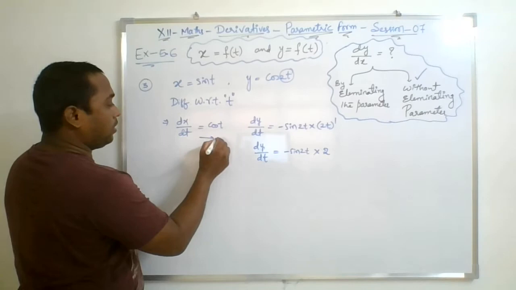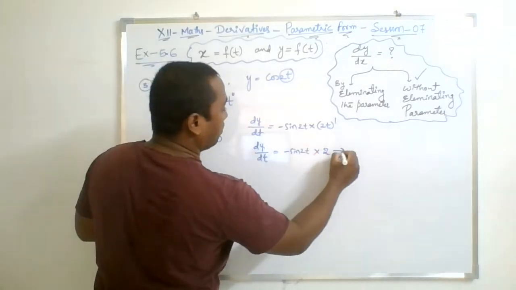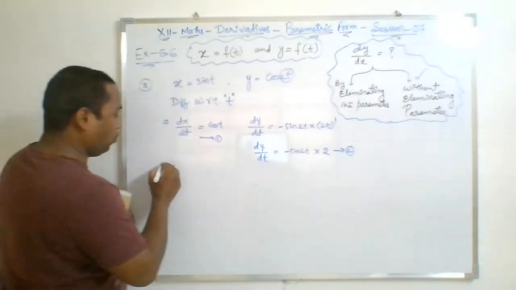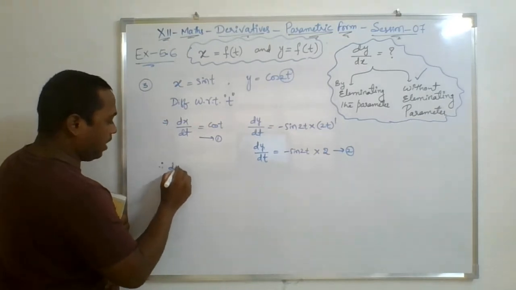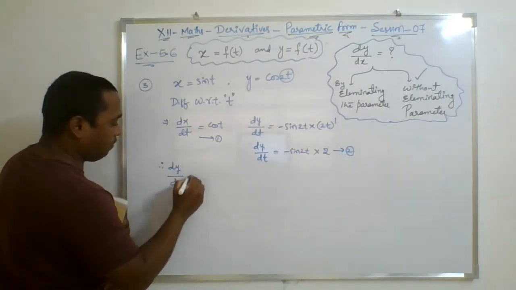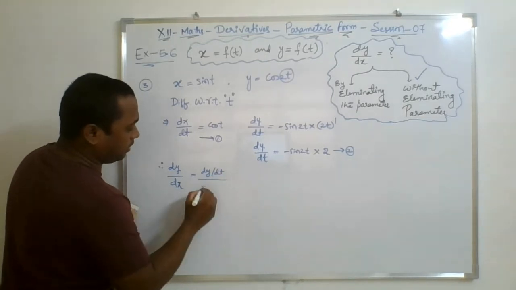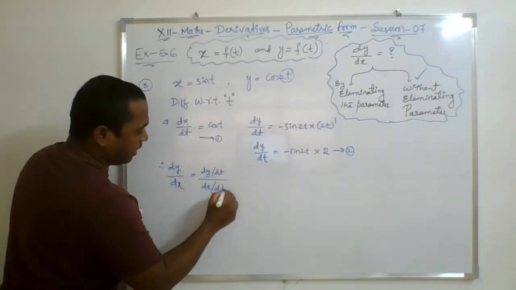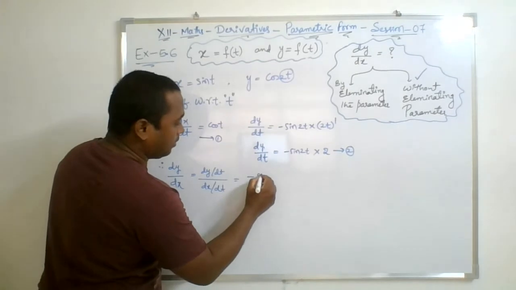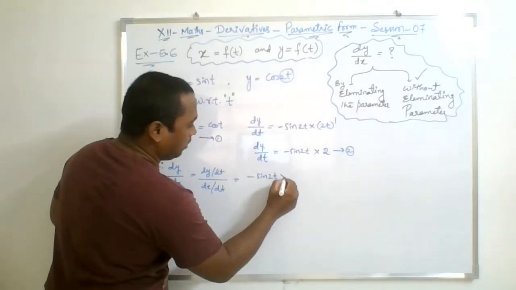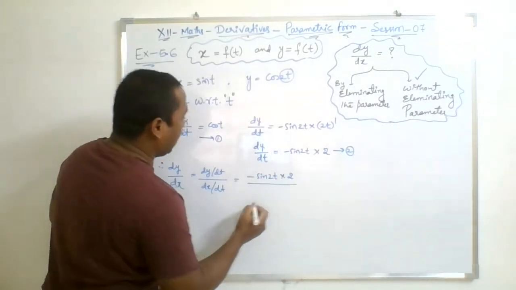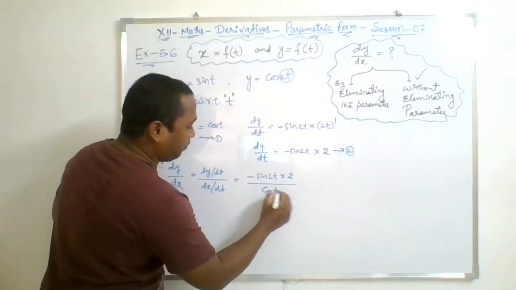So this is result number 1 and this is result number 2. Now to get dy by dx as a final answer, you have to divide dy by dt by dx by dt. So minus sine 2t into 2 by cos t.